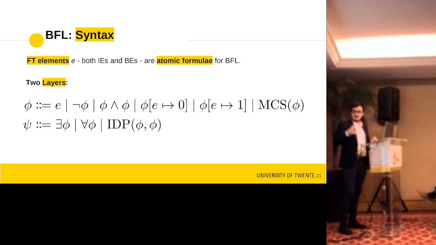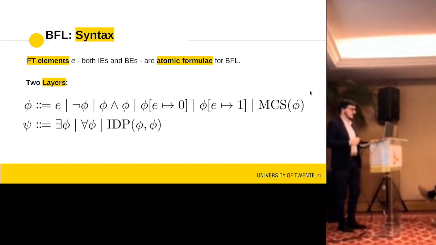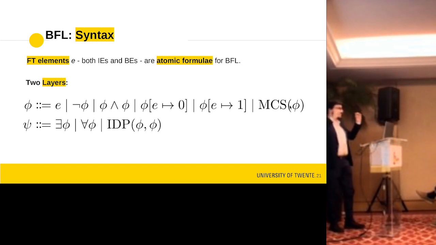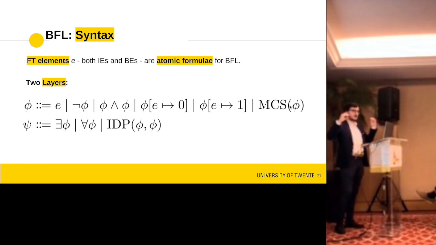You want to set a certain atom in a formula to a specific value, assuming that something stays operational or that it stays failed. Then we also have an operator to check whether a given assignment on the leaves, so on the status of the leaves being failed or not, is a minimal cut set for a given formula.